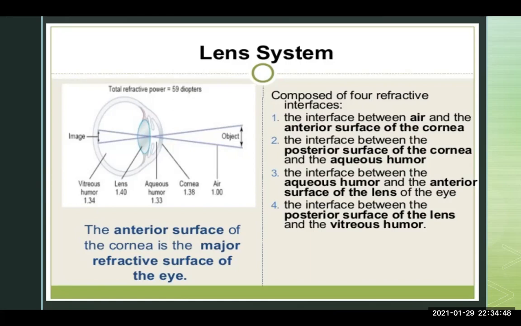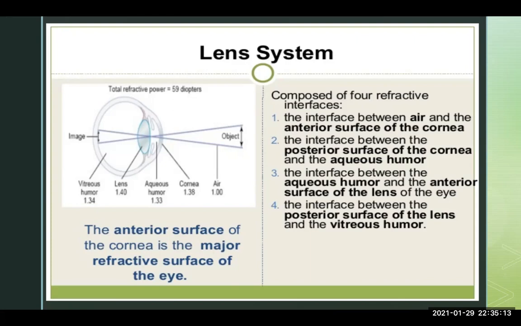So there are the corneal surfaces and the lens surfaces. And in between the lens and the retina, we have a media. And this media has almost no impact on the refraction of the eye.